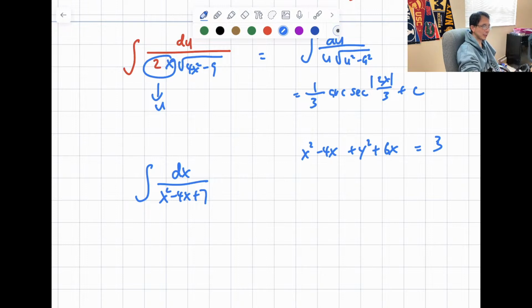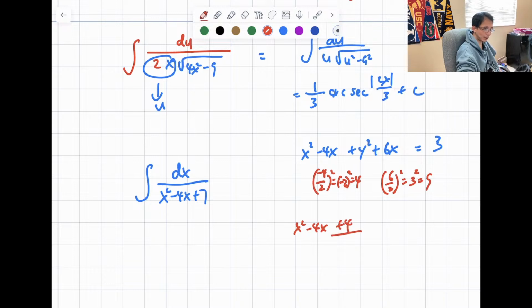In this case, you take the middle term, which is -4, divided by 2, squared, that's equal to -2 squared, that's equal to 4. And 6 divided by 2 squared is equal to 3 squared, that's equal to 9. So what happened is you're going to take x squared minus 4x, I'm going to leave some space, plus 4, plus y squared plus 6y, plus 9 is equal to 3 plus 4 plus 9.